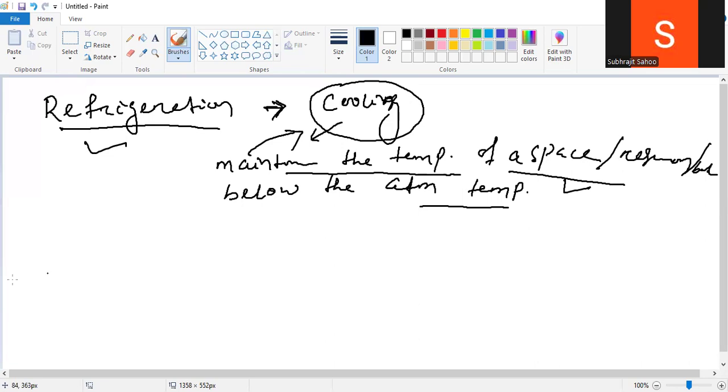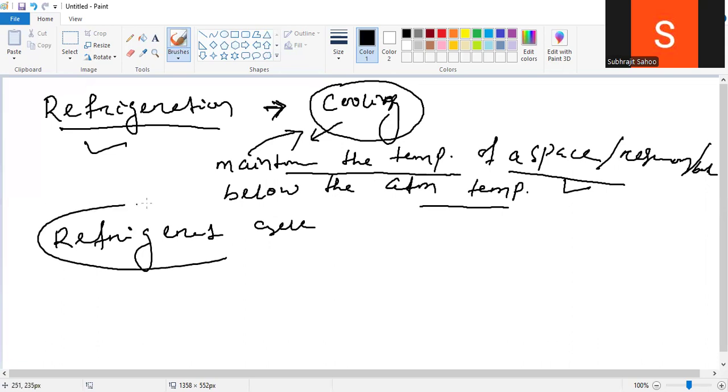So why is it called a refrigeration cycle? To understand this, first we need to understand what a cycle is. That is already there in thermodynamics.